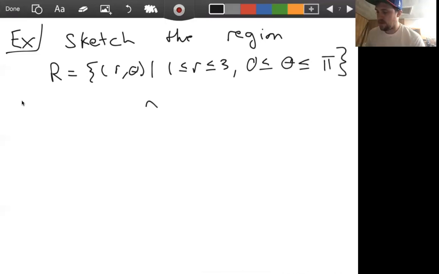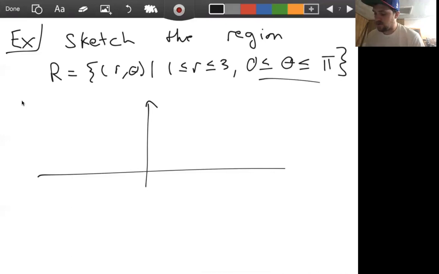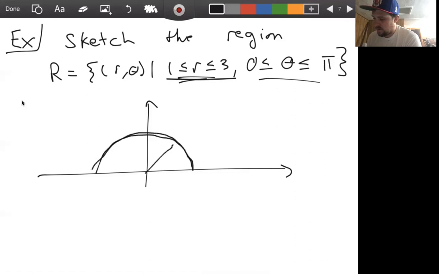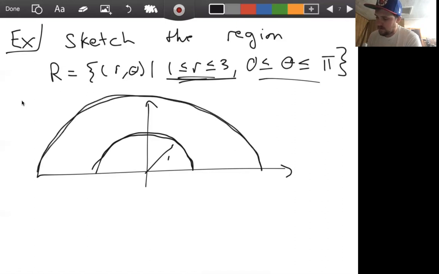Okay, so what is our region R? Well, theta is between 0 and pi, so we know we're restricted to the upper half plane. And if we're restricted to the upper half plane, then we can look at what our r bounds are. So our lower bound is a circle of radius 1 because r equals 1. And then our outer bound is a circle of radius 3 because our outer bound is 3.